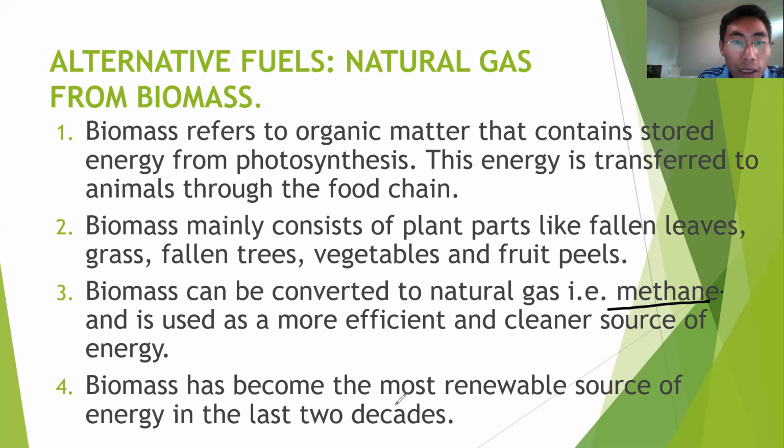Okay, and methane gas is nothing but the main component of natural gas. So that way, artificially, biomass can be converted to natural gas. Now, biomass can be converted to natural gas, methane, and is used as a more efficient and cleaner source of energy.